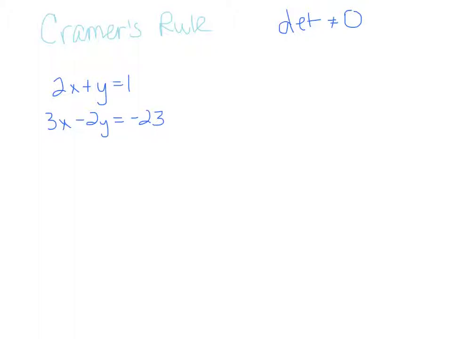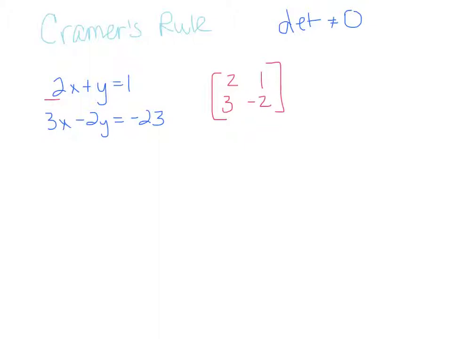So the first thing we have to write is what is called the coefficient matrix. And so the coefficient matrix uses the coefficients. So my coefficient matrix is going to be 2, 1, 3, negative 2. Do you see where I got those numbers from? They're just the coefficients.